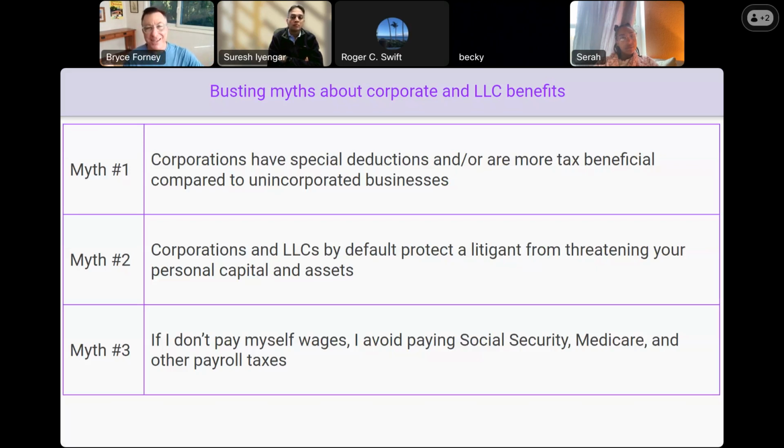So one big myth about corporations or LLCs is that there are additional deductions or benefits. Small business owners love to use the term write-offs. So small business owners sometimes feel that there are just a lot of write-offs that can be done with corporations or with LLCs.